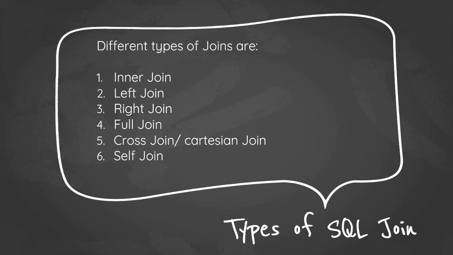So as a quick recap, we looked at the SQL commands to create your inner join, left join, right join, full join, cross join, and self join. Now, the inner join returns records that have matching values in both tables. That is very important to note.